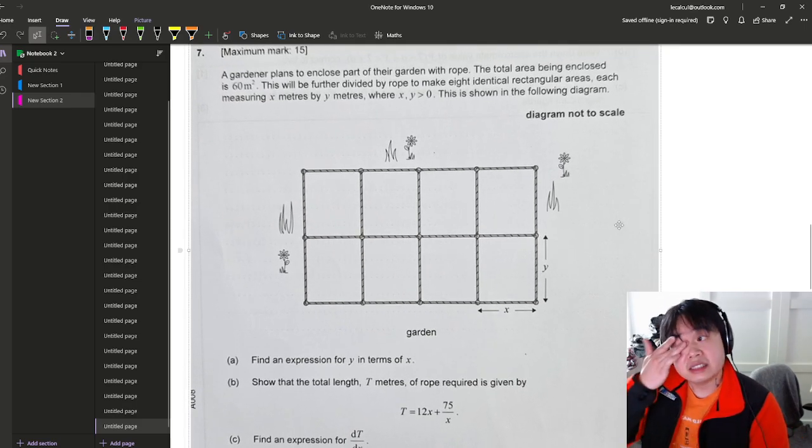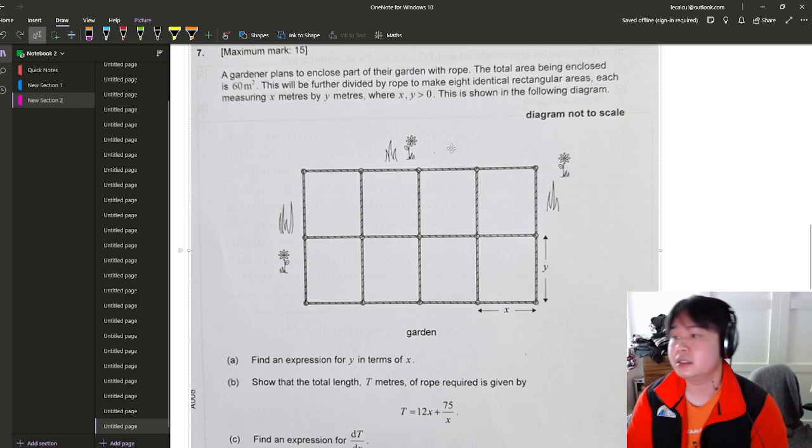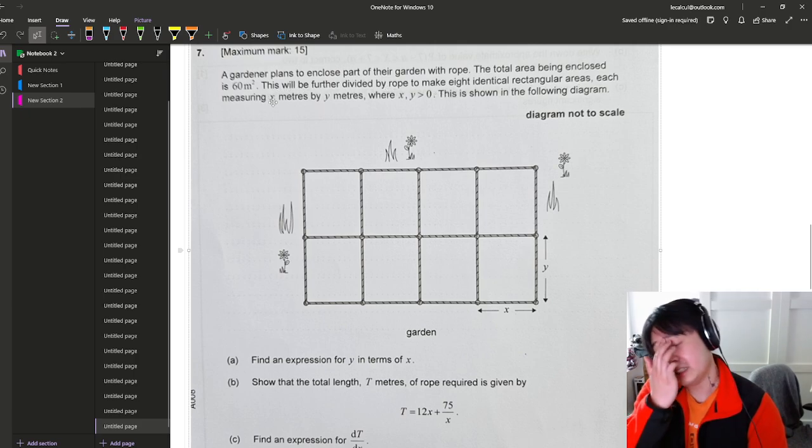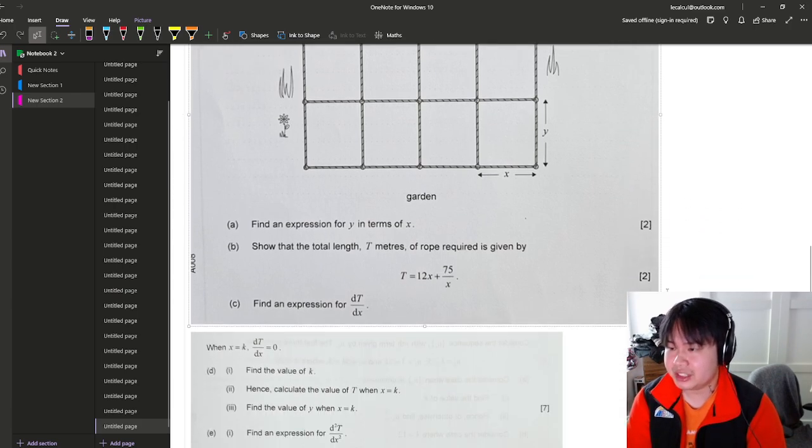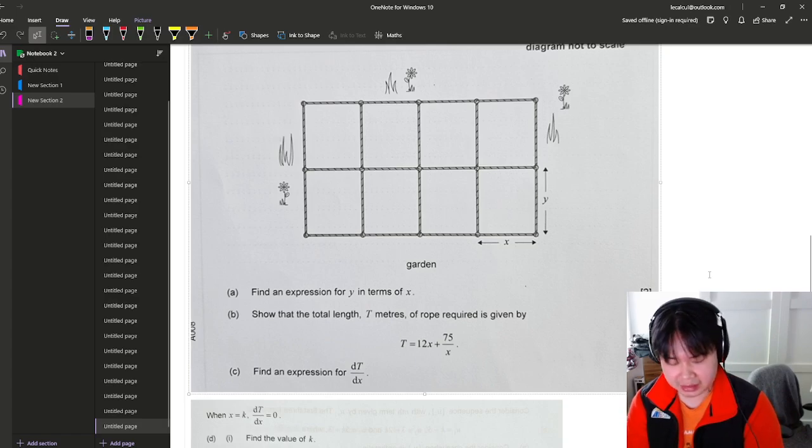Let's see, what is this? The gardener wants to build a rope fence. Total area needs to be 60, okay? 8 identical rectangle areas, x by y. Find an expression for y in terms of x.